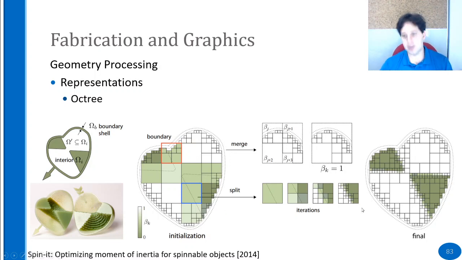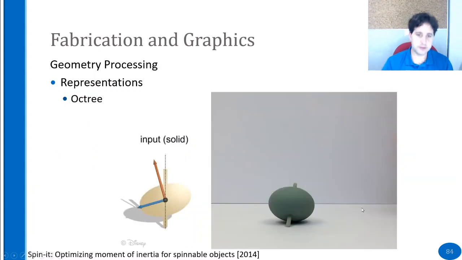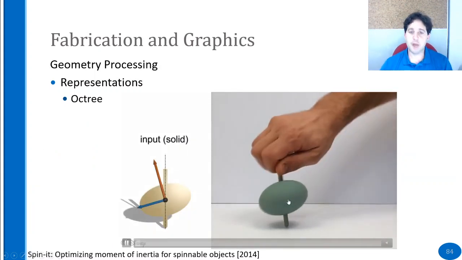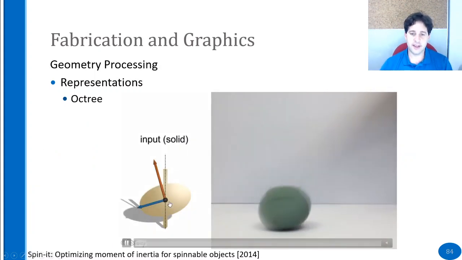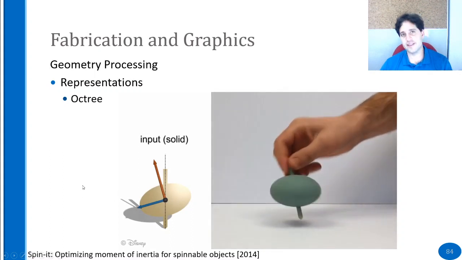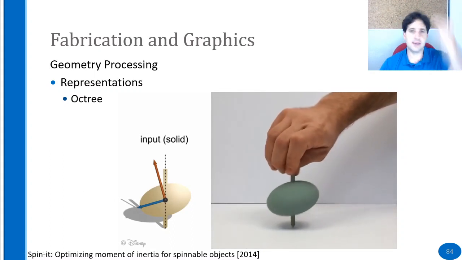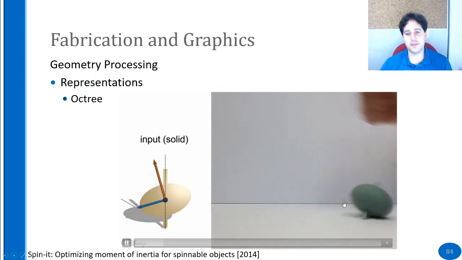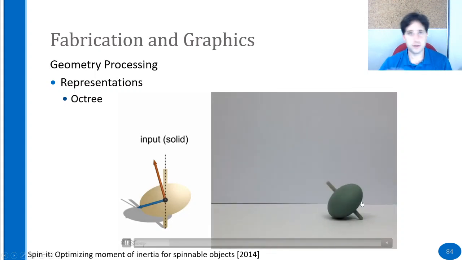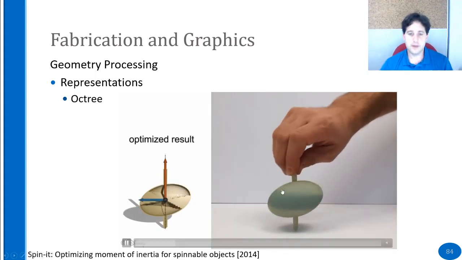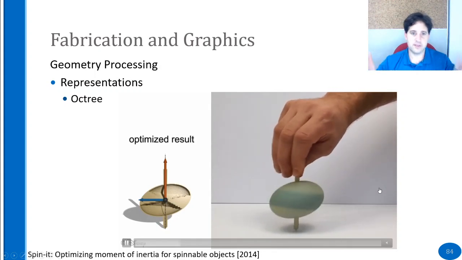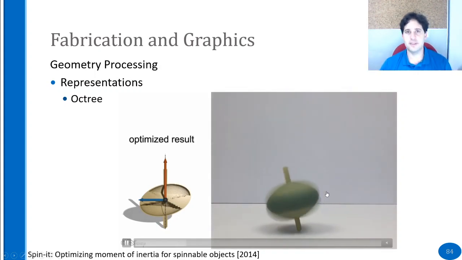And using this octree, it was able to generate objects that have controllable center of mass and axis of momentum. So if you take something that's not symmetric and you try to rotate it, it doesn't work, right? It doesn't rotate because the momentum is not at the right point.